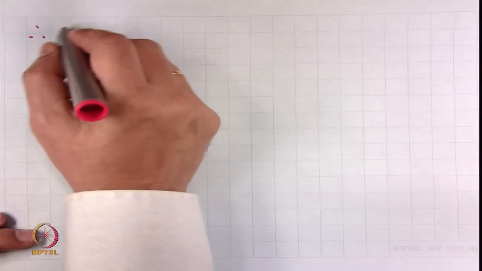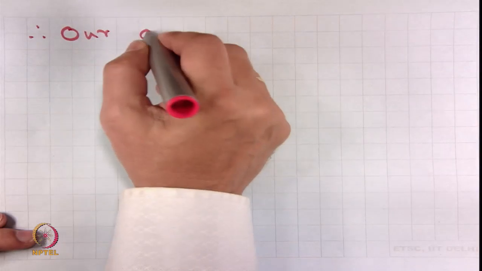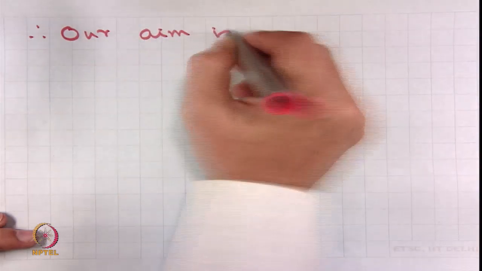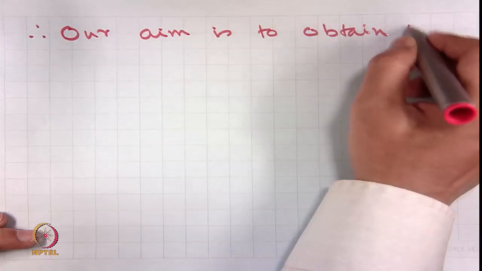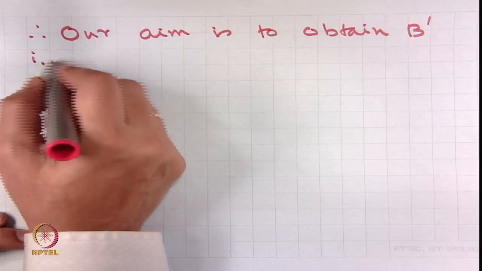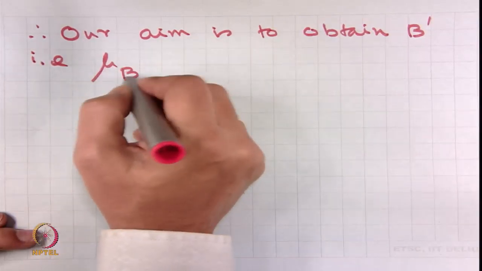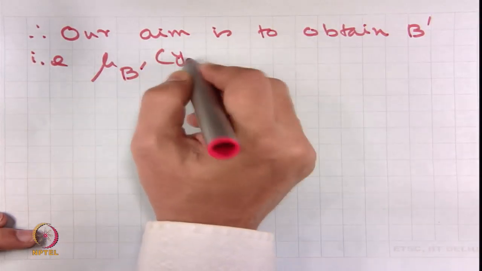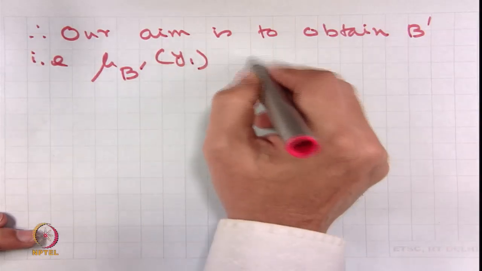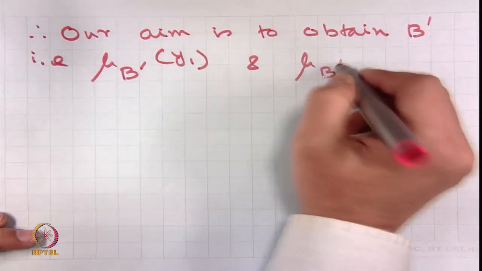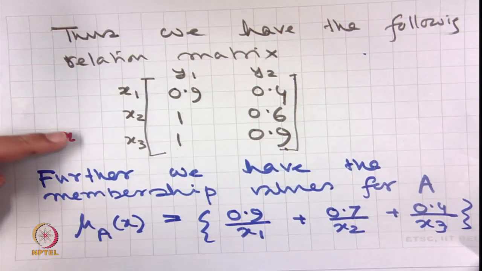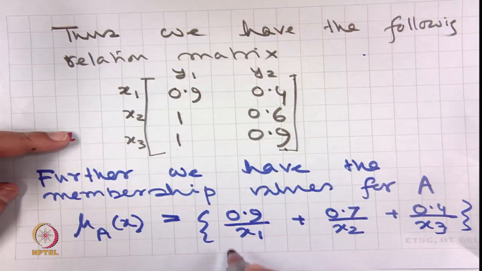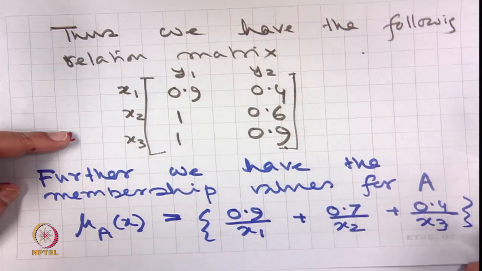Therefore, our aim is to obtain B prime, that is mu B prime for y 1 and mu B prime for y 2, where we already have these two relations. This is x and this is r.